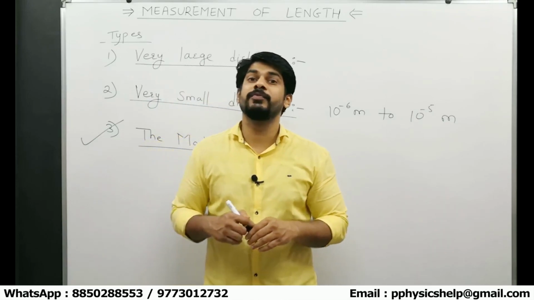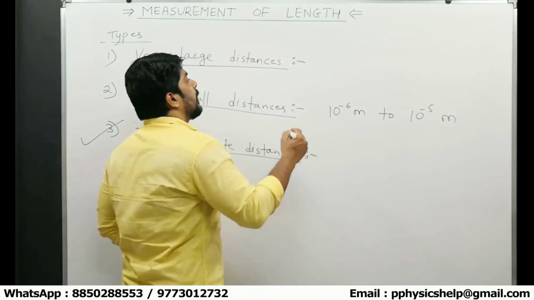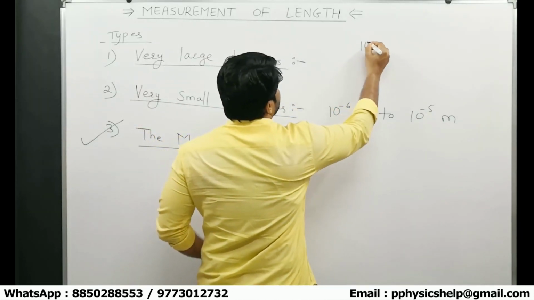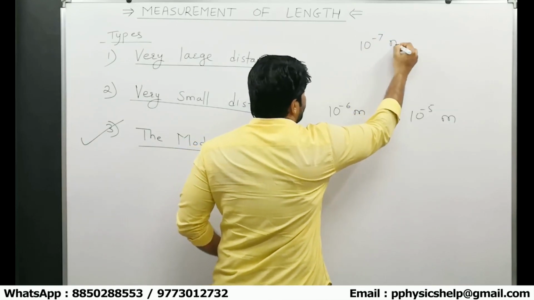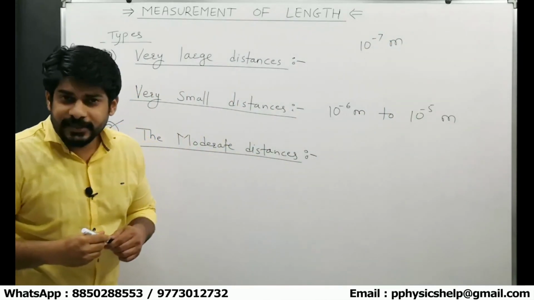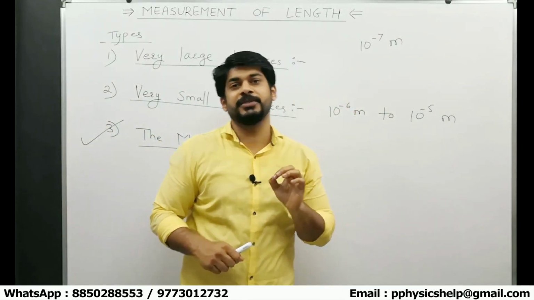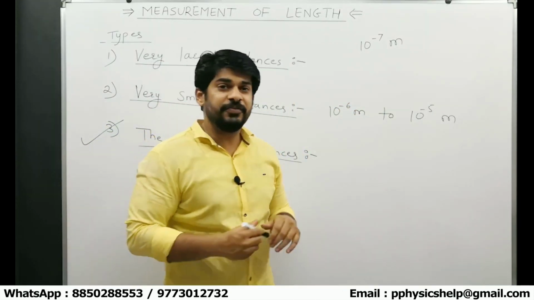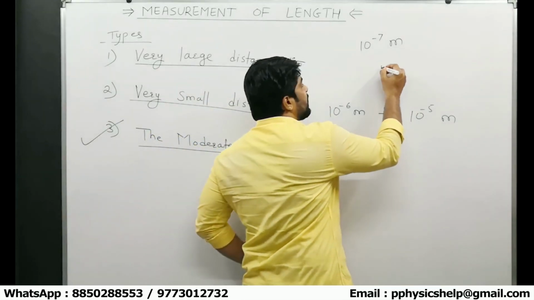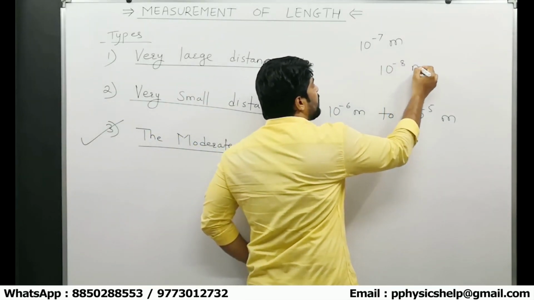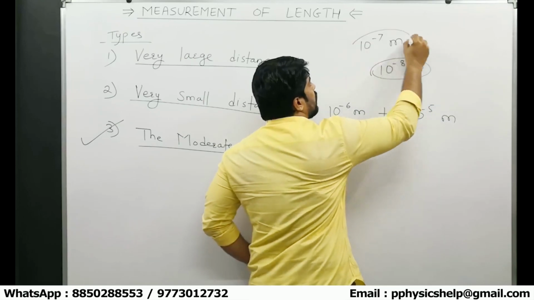For example, let's say the wavelength of light is 10 raised to minus 7 meters, and the size of the object is 10 raised to minus 8 meters.